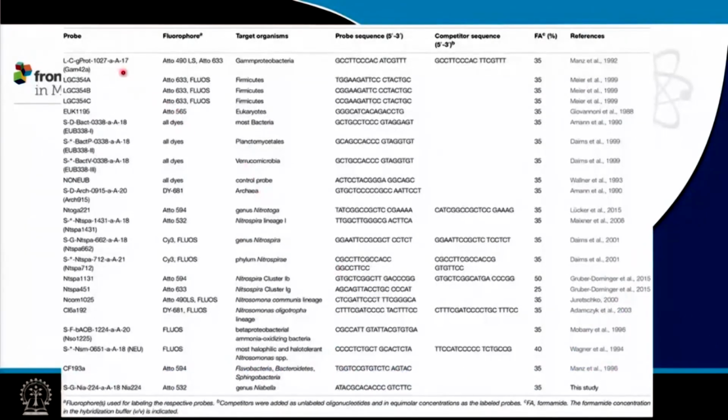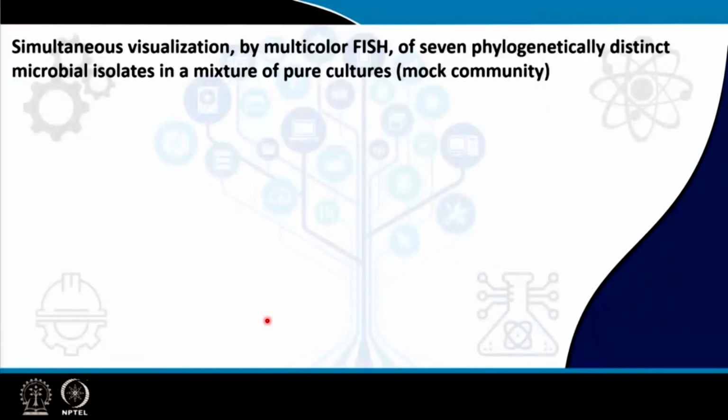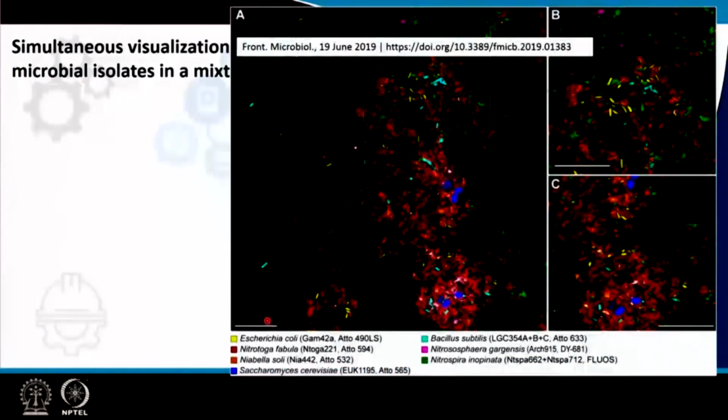Here is a list of the different probes which were developed, and there are separate databases and literature where extensive lists of probes are available, because these probes are specific to different taxonomic groups, and the sequence and the type of target organisms are given. Then in the visualization, we can see that 7 different types of organisms are visible, and according to the fluorescent dyes used, you can follow this legend: for example, the yellow color is for E. coli and the cyan color is for Bacillus subtilis, and so on and so forth.